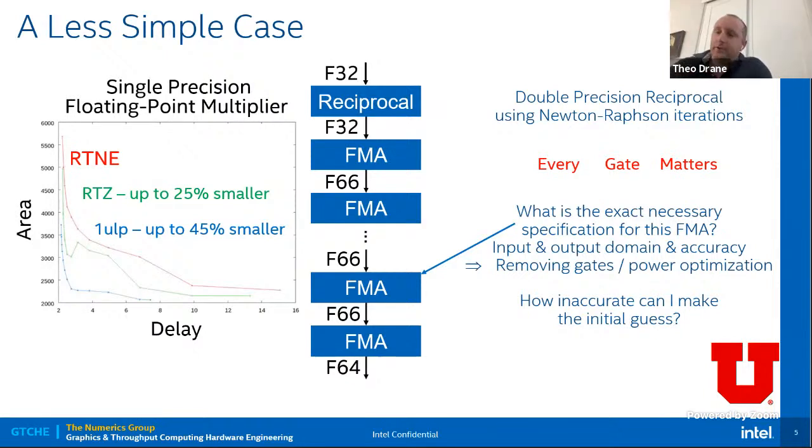So we are the people that know how much smaller something can be. We know that round towards zero is 25% smaller than round to nearest even. But we also know that I can make something that's faithfully rounded to one odd 45% smaller. These are very non-trivial things.